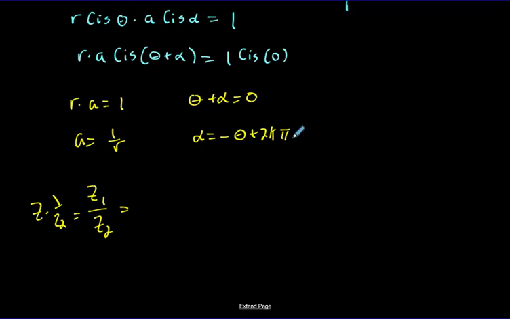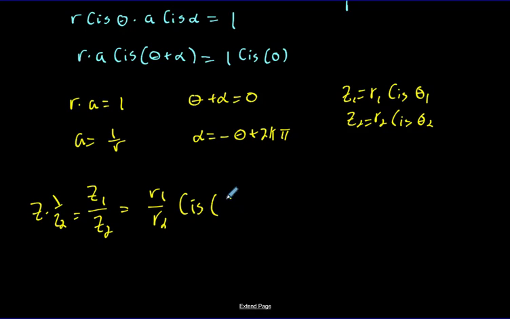If I let z1 be r1 cis theta 1, and z2 be r2 cis theta 2, then when I multiply them, it's the same as taking r1 times 1 over r2. So I'd have r1 over r2, and the angles are going to be the opposites of each other, so I'm going to have cis of theta 1 minus theta 2. And that's my identity for that one.